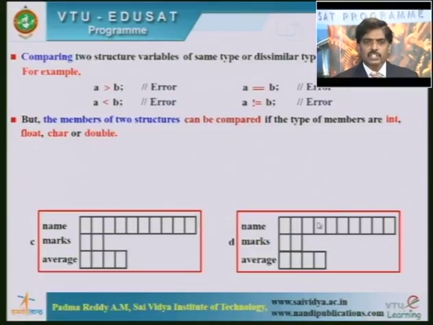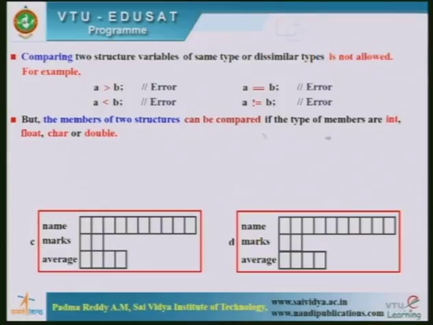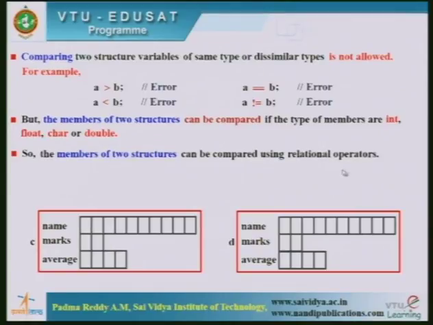This is also a string. So, we cannot use greater than, less than, equal to, not equal to to compare two strings. So, here the members of the two structures can be compared if the type of members are what? Int, float, char and double. For example, the members of two structure variables can be compared using what? Relational operators.